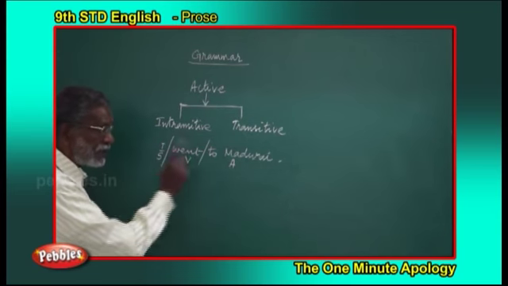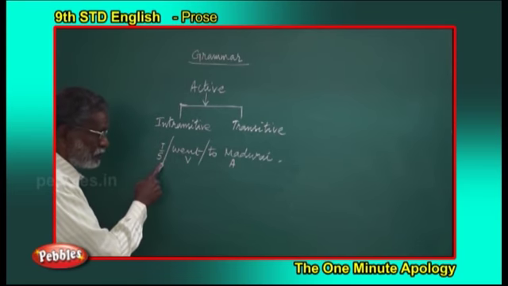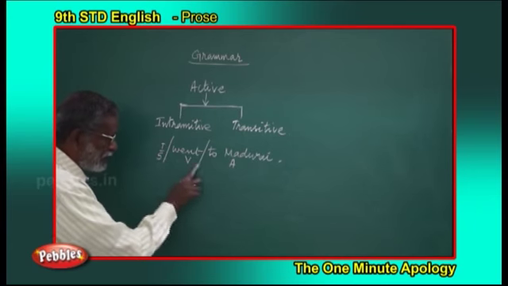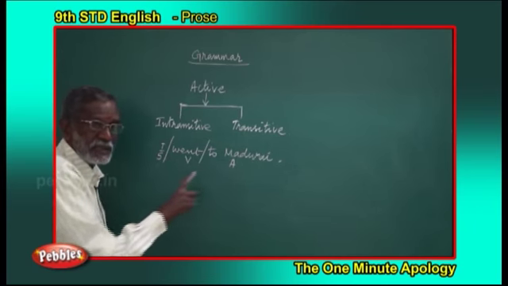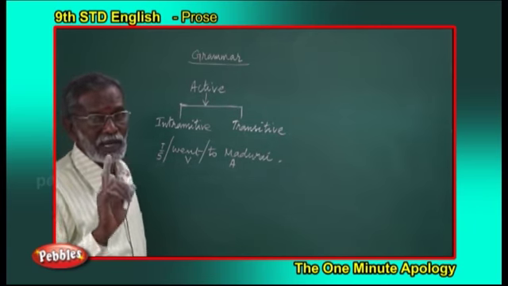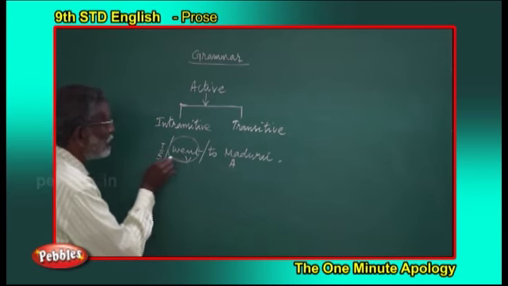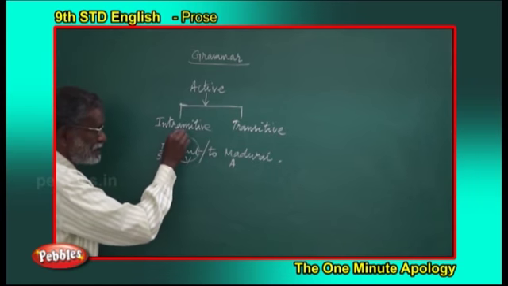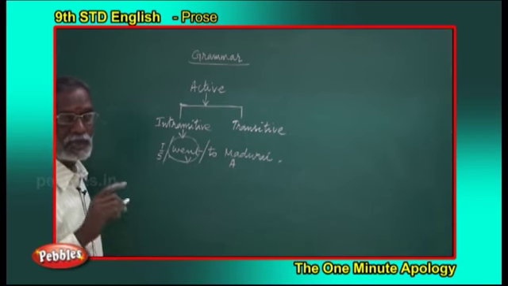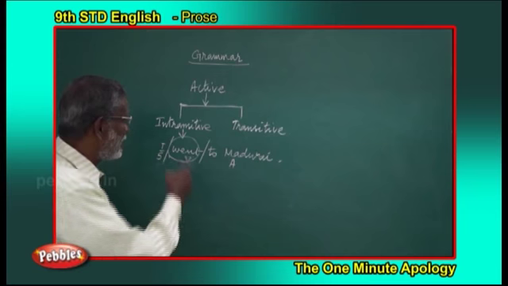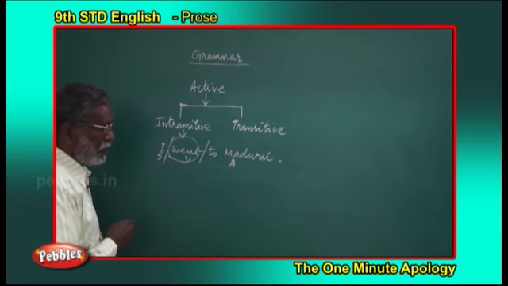If there is no object, we cannot change it into passive. So, this type of sentences, SVA sentences, cannot be changed into passive. So, this type of verbs are called intransitive verbs. The verb which cannot be changed is called intransitive.